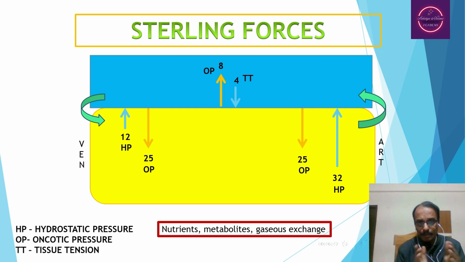Whenever you look into the capillary, it is responsible for the movement of metabolites, nutrients and gaseous exchange across the capillary membrane, from the interstitial space or to it. That is one of the major functions of the circulatory system.